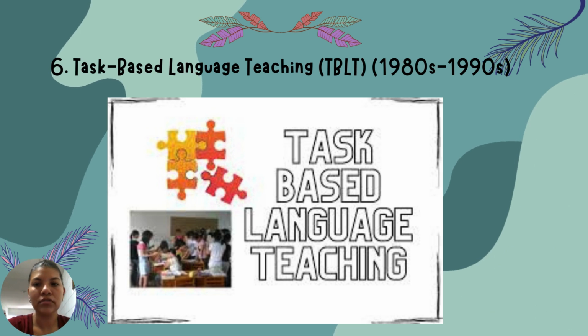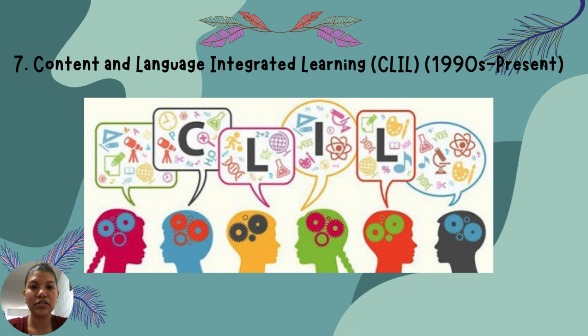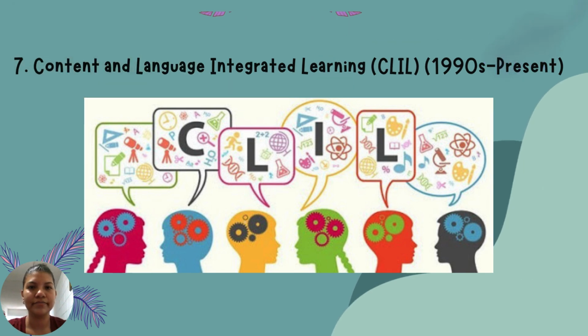Emerged as a part of CLT, focusing on accomplishing meaningful tasks to promote language use. Number 7. Content and Language Integrated Learning (CLIL). 1990s to present. Combines language learning with subject learning, widely used in bilingual education contexts.